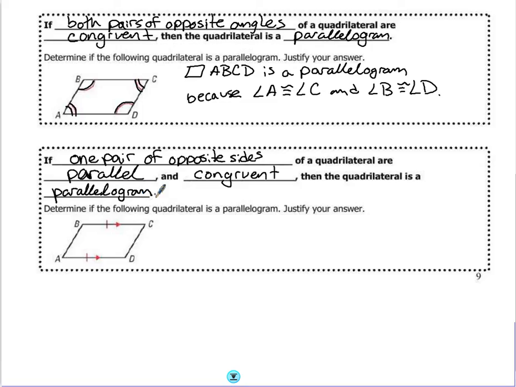So in this picture here, we can see that the information that they give me is all about BC and AD.